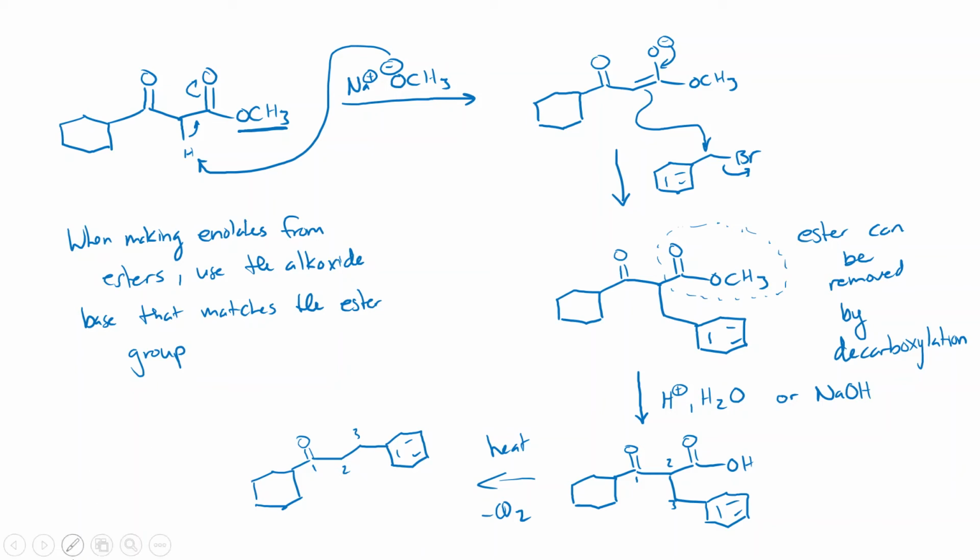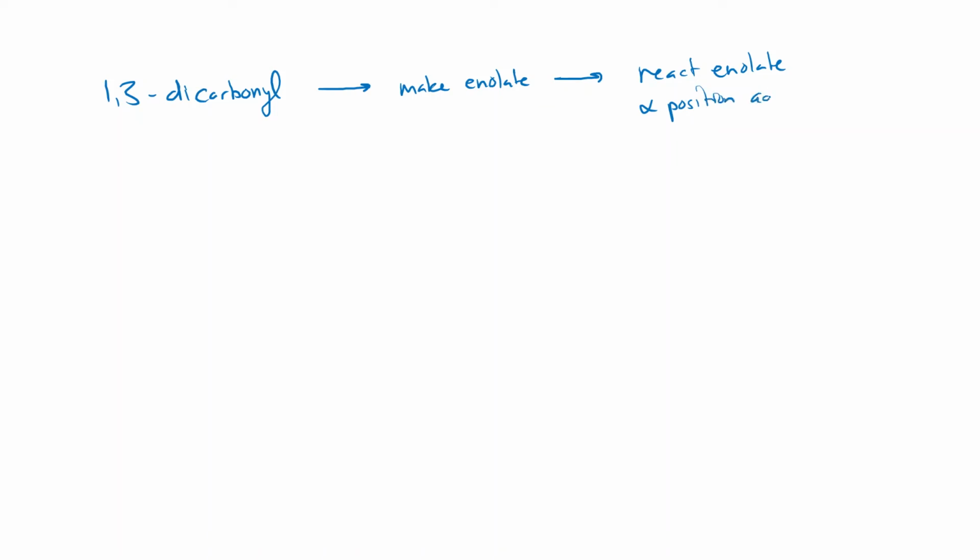All right. So this pattern of taking a 1,3-dicarbonyl compound, I'm going to give you the generic run through here. You take a 1,3-dicarbonyl compound, make the enolate, react the enolate, so add something to the alpha position. The alpha position adds to something, and there are a lot of things that we can have the alpha position add to.